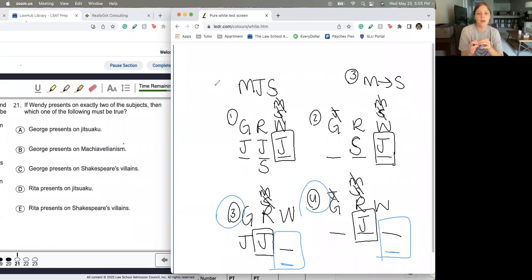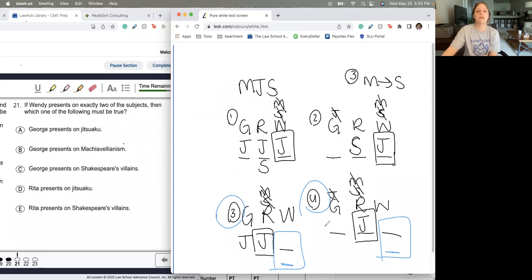So if we know that, and I'll go over this now that we're getting into this rule: if we have exactly 2 subjects in W, we're looking for something that has to be true. If it has to be true 100% of the time, I don't even have to go through my answer choices.